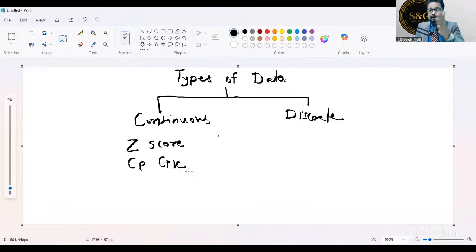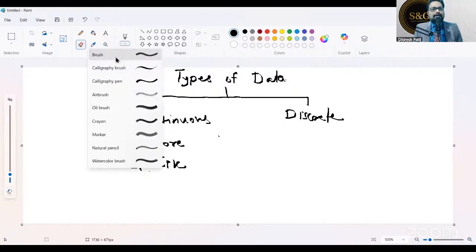And if you have discrete data, then how do we measure process capability of discrete data? Type in the chat box. Anybody knowing this answer? DPMO, exactly. Super.